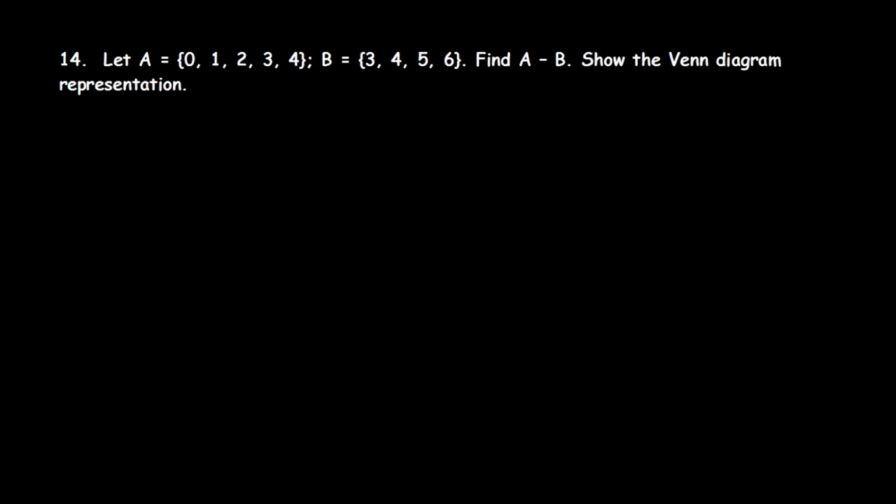Two sets A and B they have given. Find A minus B, show the result in Venn diagram. So how can we show that? First of all, we should draw Venn diagrams.